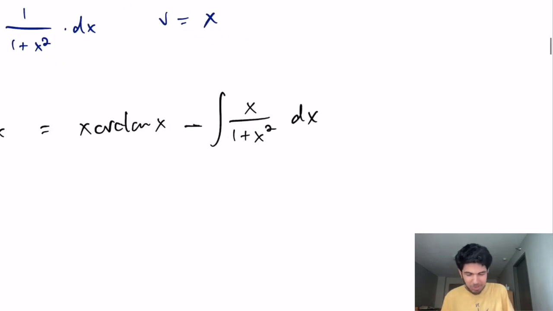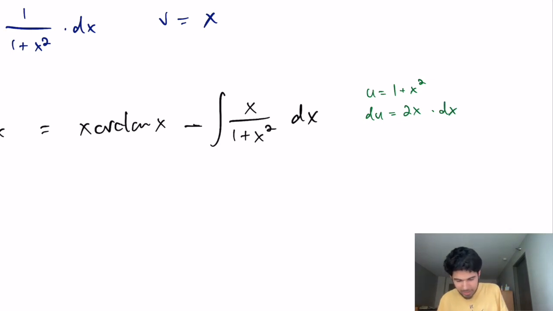So what would our u be? Well, we usually like to choose the thing with the higher power, so that would be 1 plus x squared. So let's do that. Du will equal 2x dx.